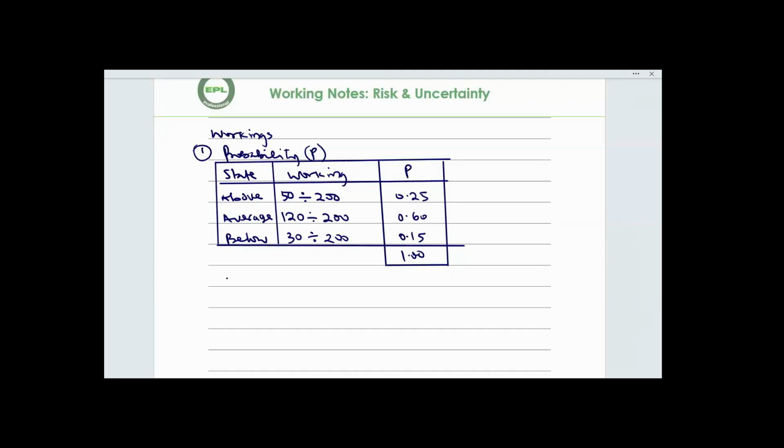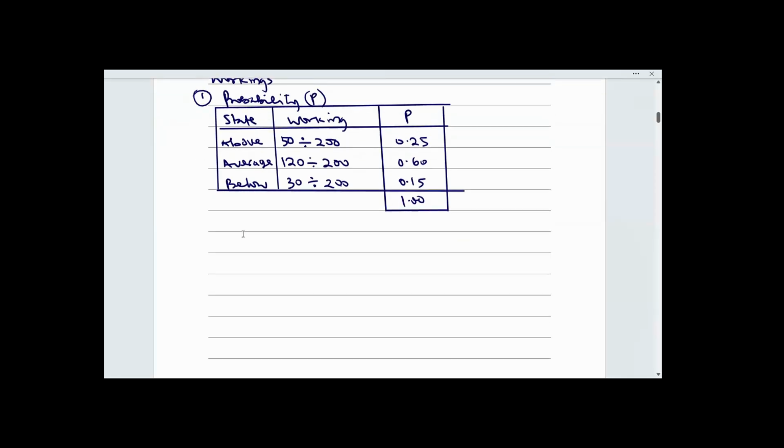So now that we have the probability, we can proceed to calculate expected sales. Working number 2: we want to calculate expected sales. Why are you calculating expected sales? Because the sales value given to us for each year is attached to a state of nature.